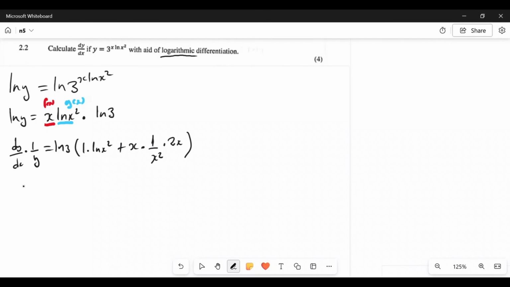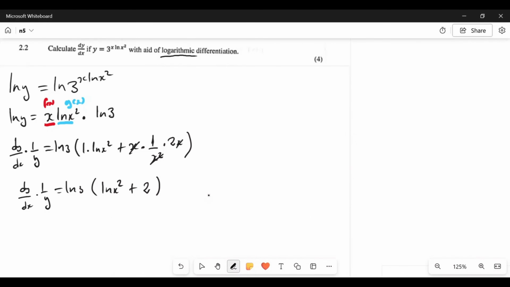Right, let's continue. Dy over dx, multiplied by 1 over y, equals ln 3 there, and then multiply everything that is inside there. The first term here is 1 multiplied by ln x squared, so this is just going to be ln x squared, right? And then our second term, we have plus x squared dividing x, and that x there multiplied by 1, so this is going to be 2 there.